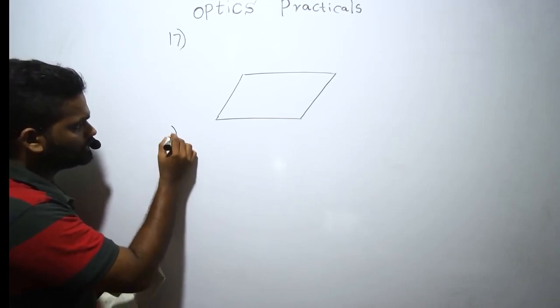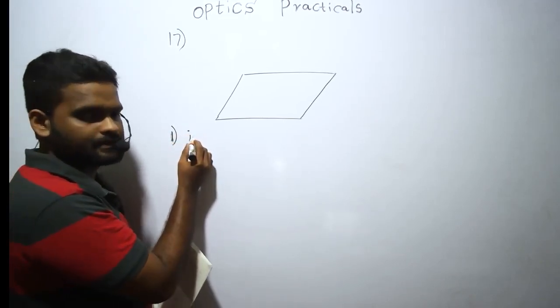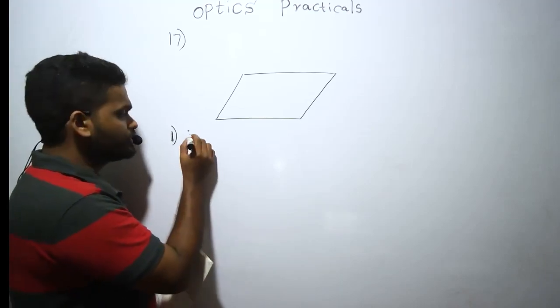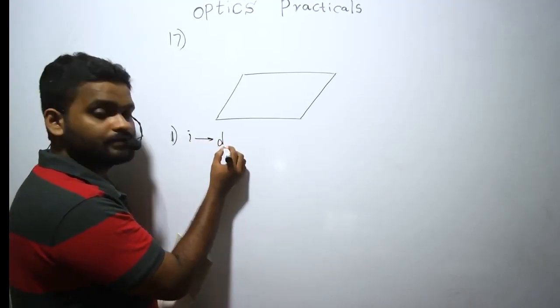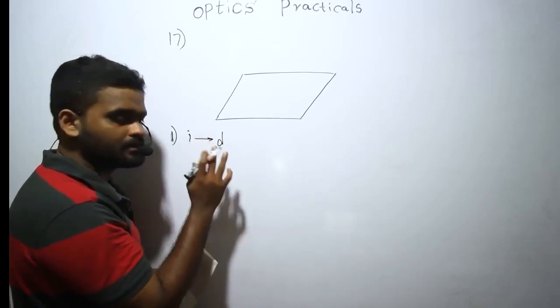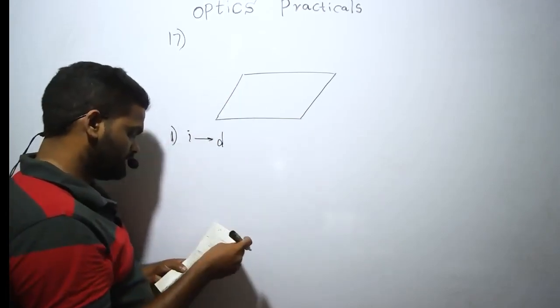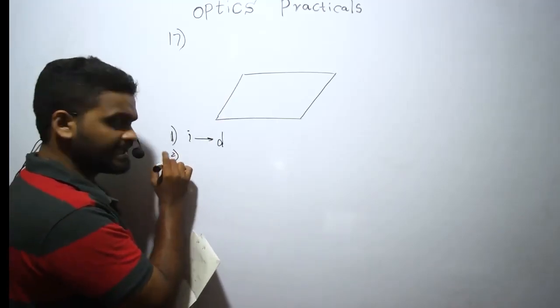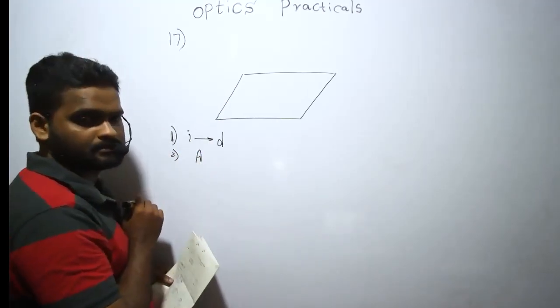We are going to get a bunch of incident angles, let's say simple i. So depending on those incident angles, we can get the angle of deviation, not the minimum deviation. Angle of deviation, you can find this. Then at the second part of the experiment, we are going to find the prism angle, right?